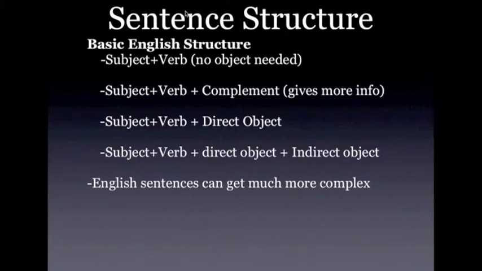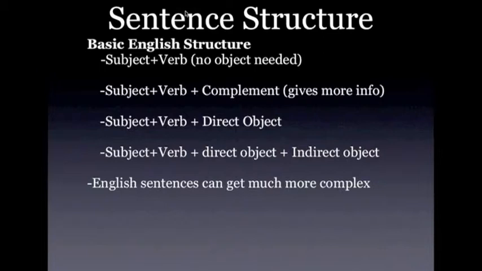Now in English, we have a pretty basic sentence structure. We have a subject plus a verb when no object is needed. For example, I run. I is the subject, run is the verb. There's also subject plus verb plus complement.